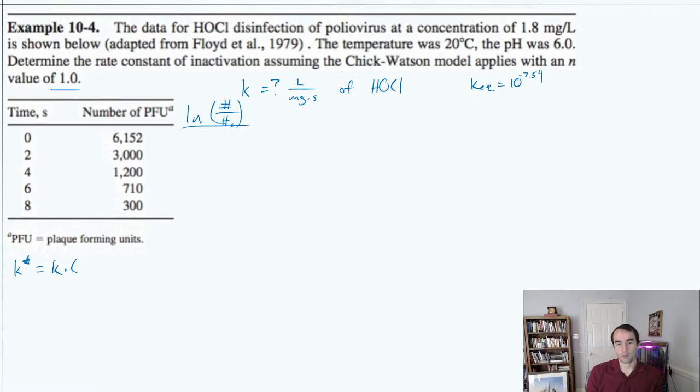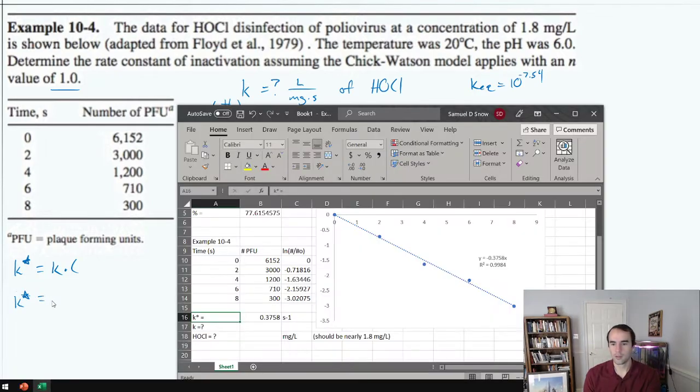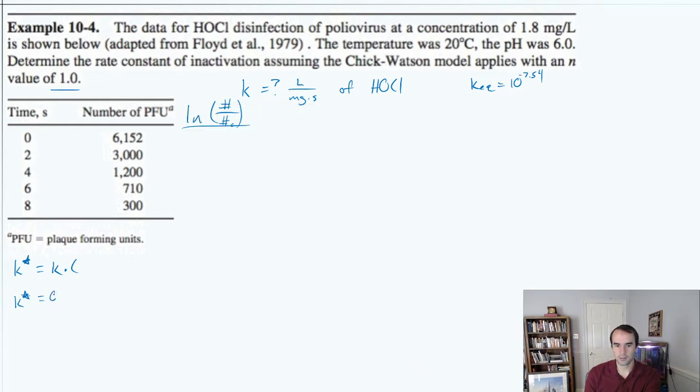So what we're solving for is this k. And now with Excel, we derived the k star. We know that the k star, according to Excel, was 0.3758 per seconds.